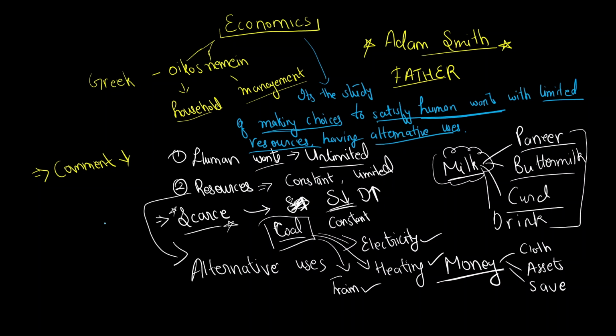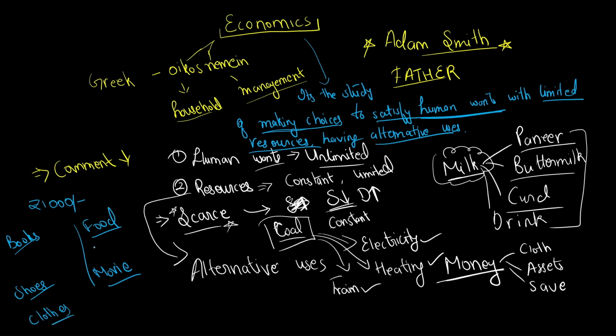Now, let's give an example here. Let's say you have 1000 rupees as your pocket money. From this, you can either buy some books, buy shoes, buy food, watch a movie, or buy clothes. So, economics is to make a choice between these human wants. These are human wants.